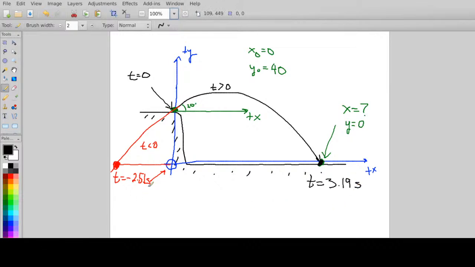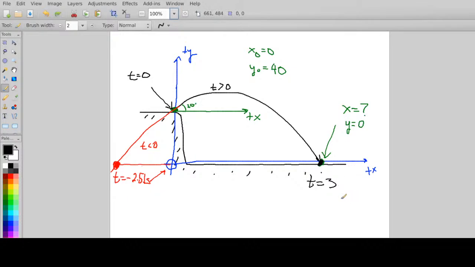So this is your negative time, which is not physically real because the rock was never there. But the parabola projects it to being there because the parabola thinks it's infinite on both sides, compared to the 3.19, which is the physical time. That is when it's actually at ground level.